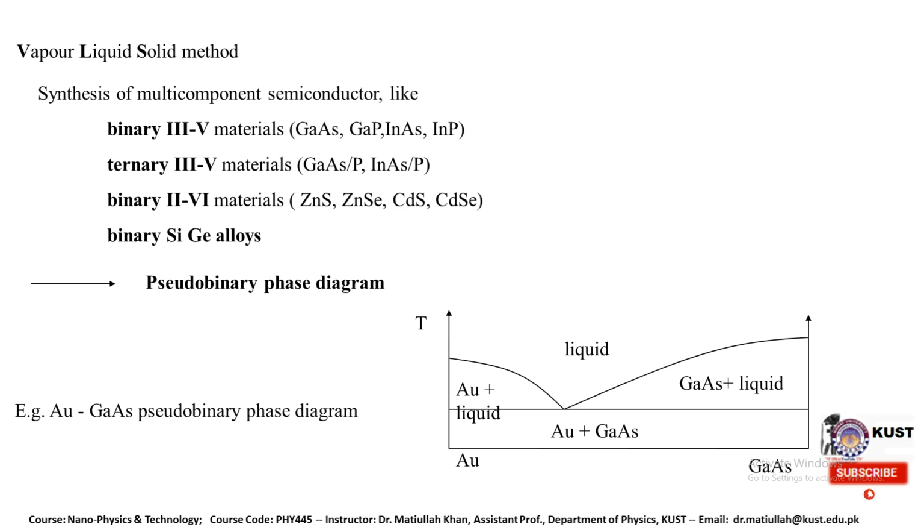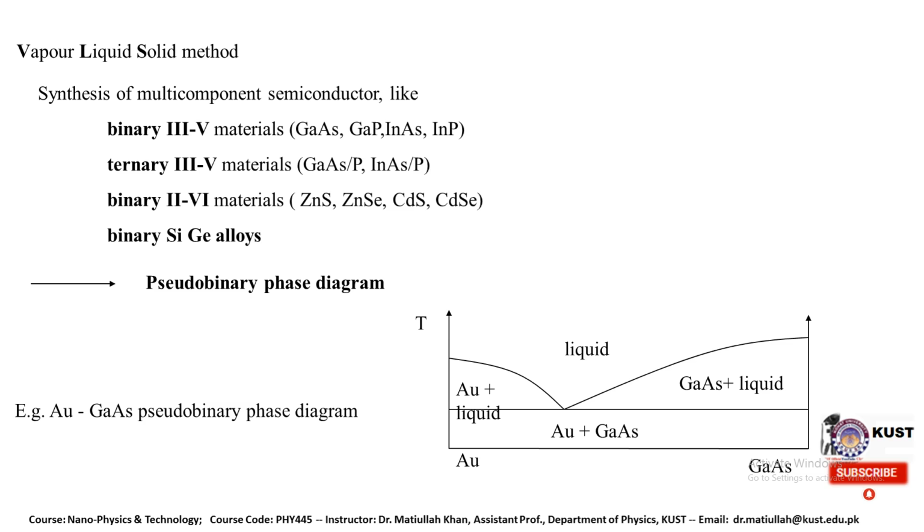Similarly, we have binary semiconductor materials composed of group 2 and group 6, in which we have ZnS, ZnSe, CdS and CdSe. Those are some of the examples.